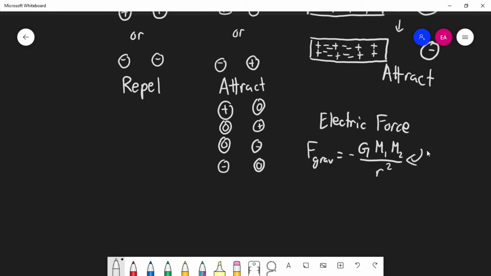Take note that this is gravitational force. It is only similar to electric force.